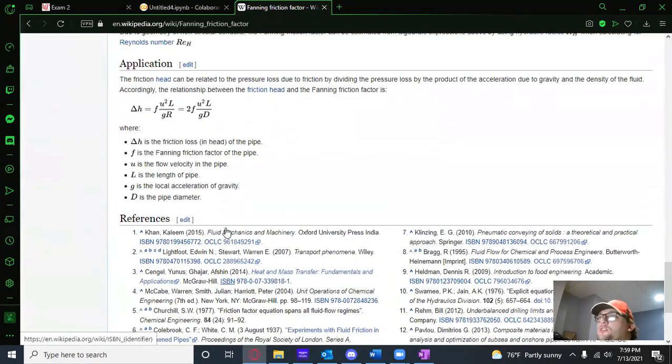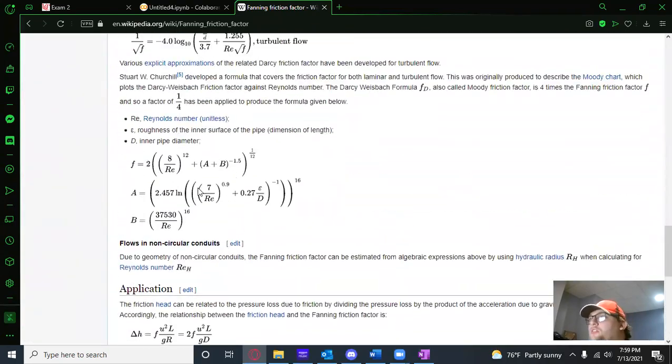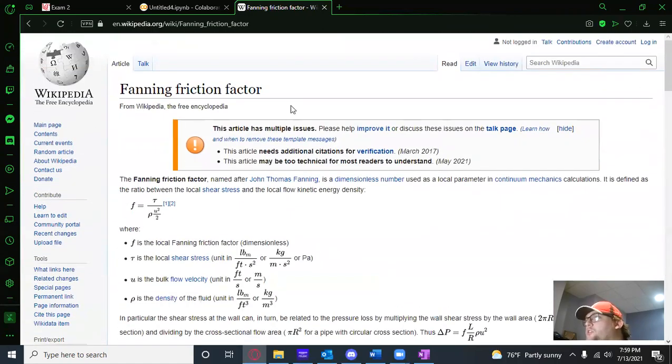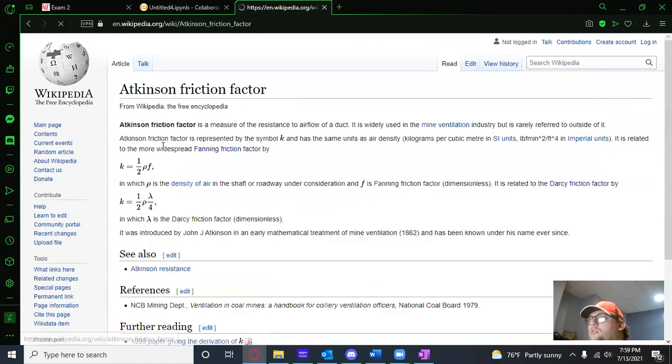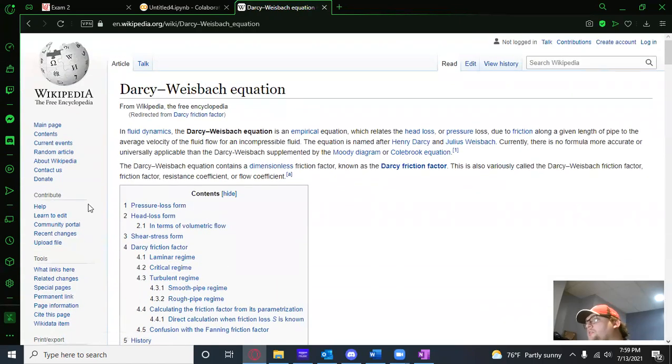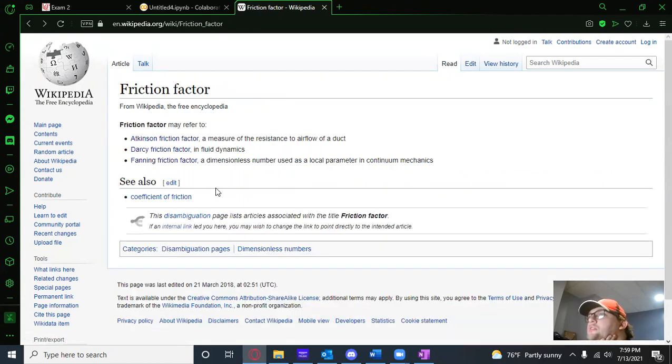So there are two types of friction factors, the Fanning friction factor, which we'll be using for this equation, and we have the Darcy friction factor. The only difference between the Darcy and the Fanning is the Darcy is 4 times as big as the Fanning.